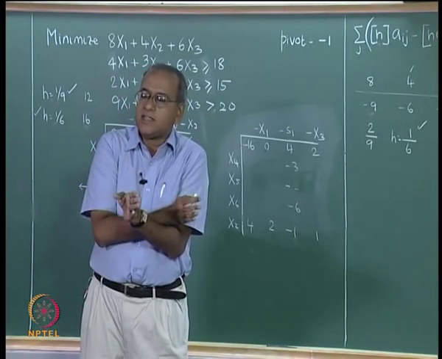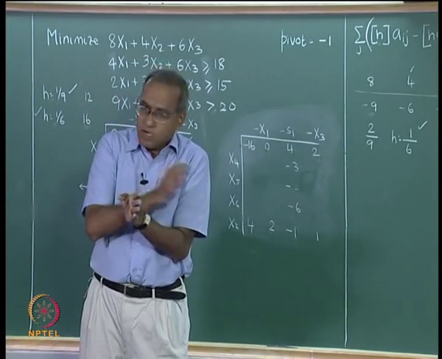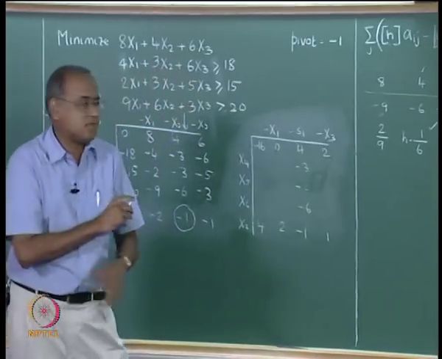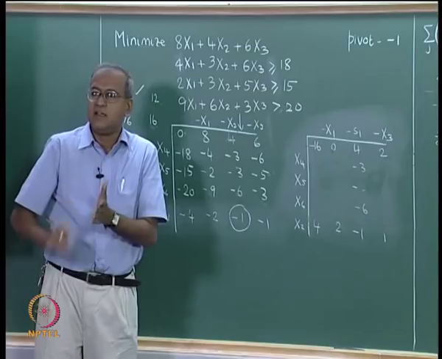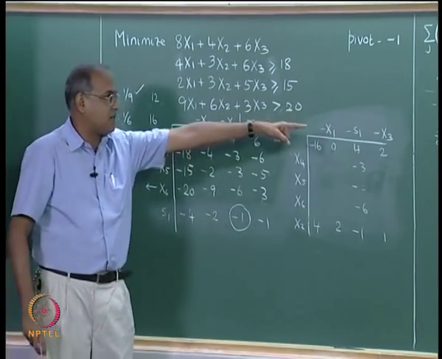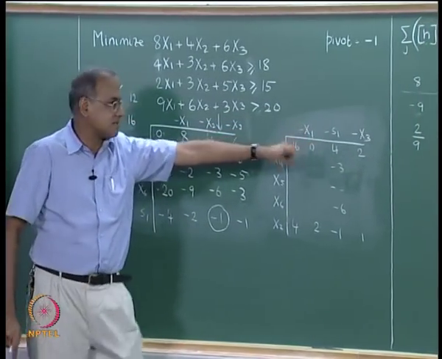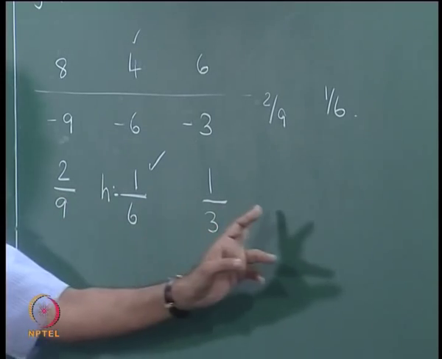A value smaller than that is okay, but at the same time, since we are interested in as large a value in the next iteration, we will take the corresponding value of h as the smallest of the 3 values.